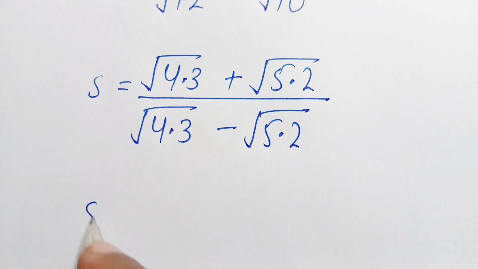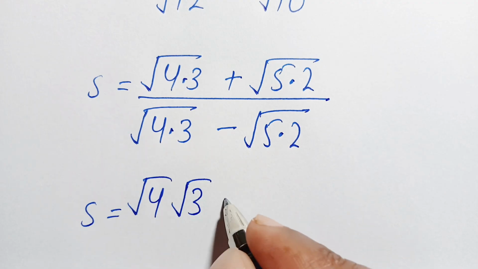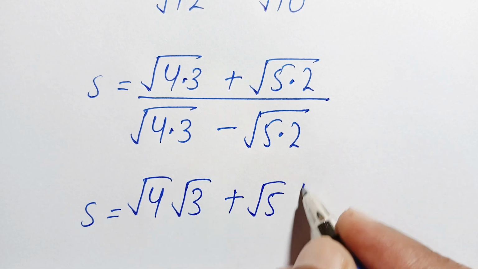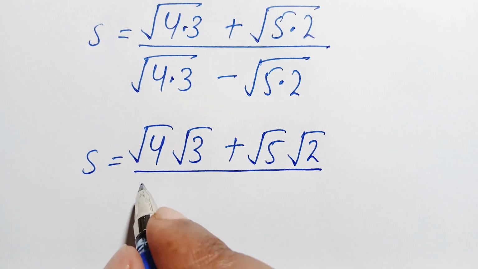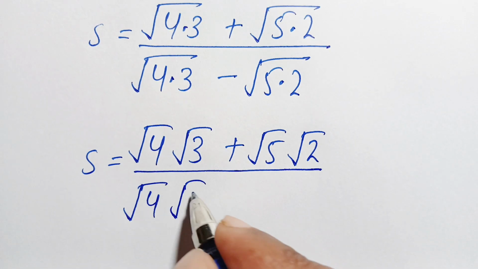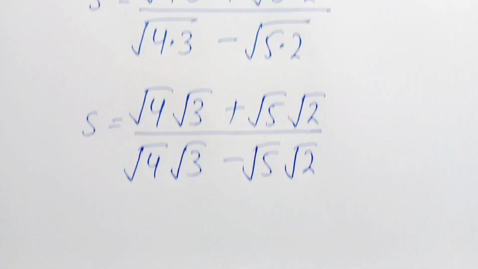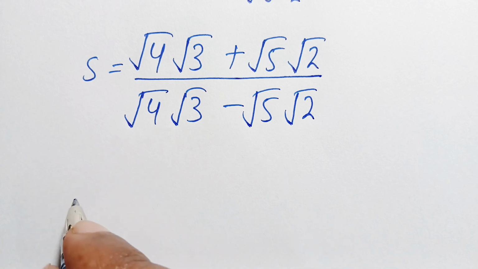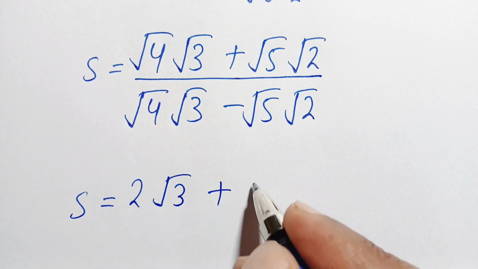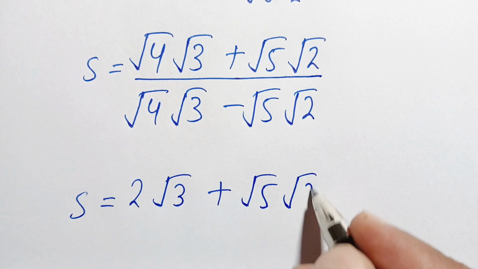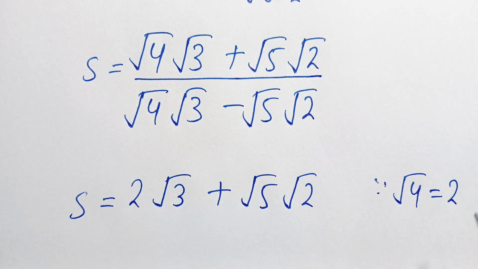Next, S equals square root 4 square root 3 plus square root 5 into square root 2 divided by square root 4 square root 3 minus square root 5 square root 2. This becomes 2 under root 3 plus under root 5 under root 2. Here square root 4 is equal to 2.